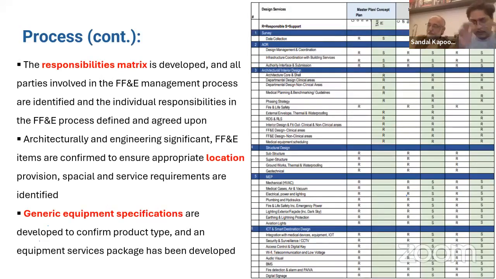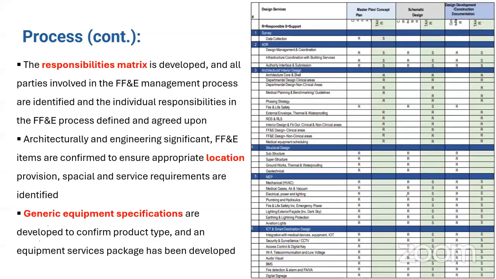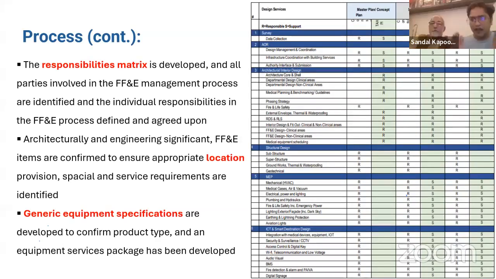But the entire team has to sit down and verify or vet that particular information produced before commencing it on site or construction. So we have to ensure appropriate location, provision, spatial, and service requirements are identified, which are in place with the equipment vendors, with the engineers, with the architects, and everyone.